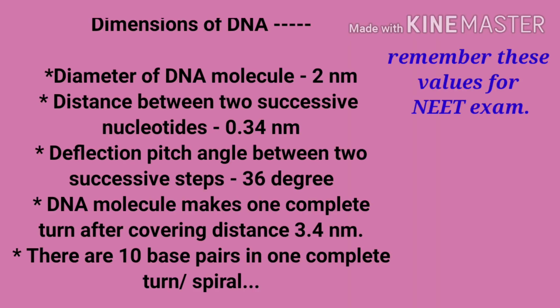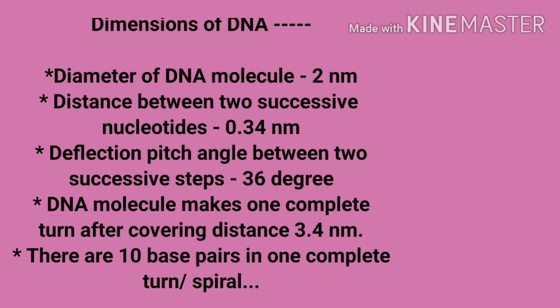Then the deflection pitch angle between two successive steps, that means two successive rungs, is equal to 36 degrees. Then the DNA molecule makes one complete turn of 360 degrees after covering a distance of 3.4 nanometer, and there are 10 base pairs in one complete turn or one complete spiral of the DNA.